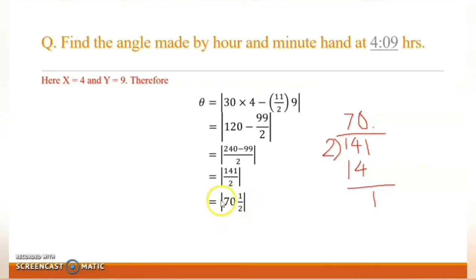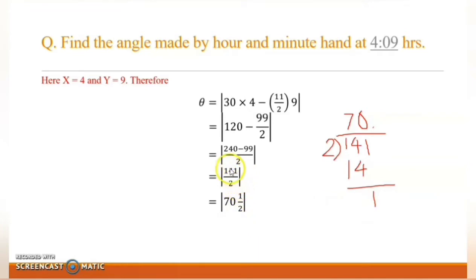So this expression expresses nothing but, when I divide 141 by 2, the quotient, that is this part, is written over here. Then here we have the remainder, and thus it's something that we divide the number with.